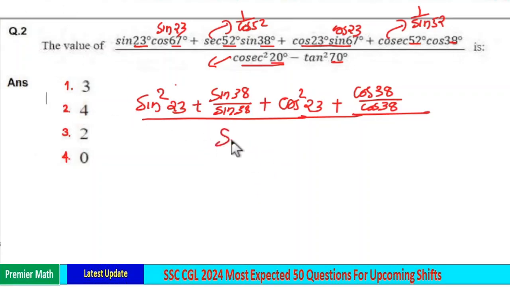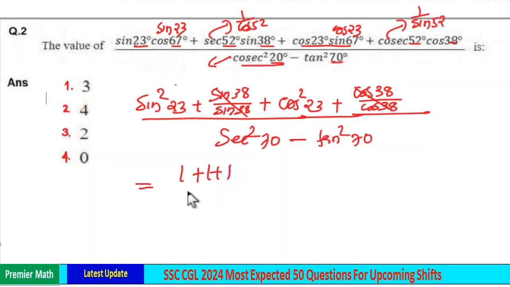So this will become sec square 70 minus, here this is tan square 70. Sec square theta minus tan square theta is 1. So this term will become sin square 23 plus cos square 23 is 1. This is 1. This is 1. So 3 by this, which is also 1, so 3 is your answer.